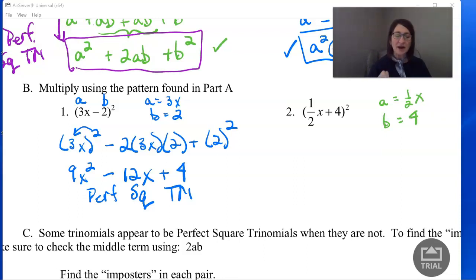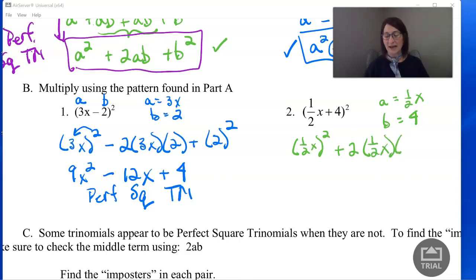We're going to use our green formula to take the factored form, which is our binomial squared, and turn it into a perfect square trinomial. Okay, so this is going to be (1/2 x) squared plus 2 times 1/2 x times 4 plus 4 squared.